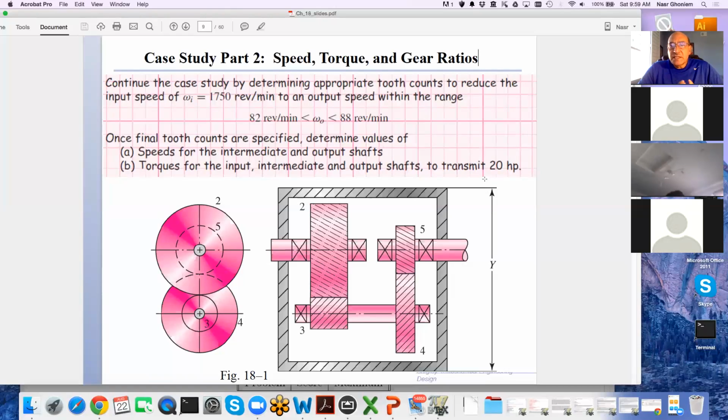So this is kind of the sequence of events that need to be considered when we look at design of gear systems.